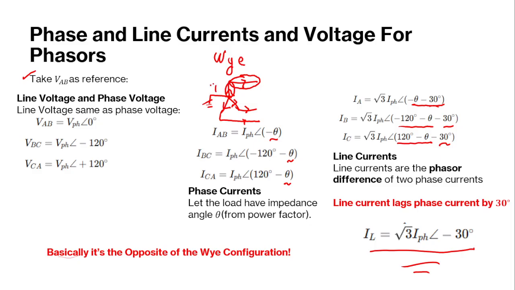So wherever IA is, it will be that exact value. From the time I sketch it and know that it is a Y, all the information comes back. For Y, the line current is the same as your phase current.